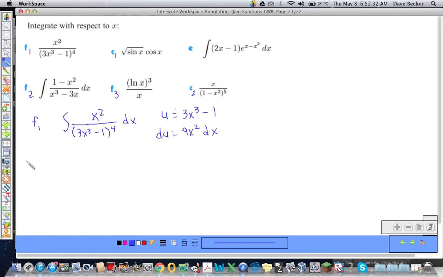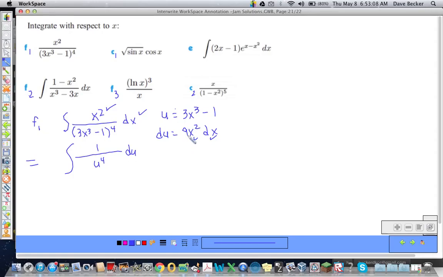The first thing I'm going to do is my u substitution: u to the 4th, replacing 3x cubed minus 1 with u. I'm going to put in du here, but right now they are not equal, because I've taken care of x squared and dx with the du, but I need to compensate for this big giant 9.